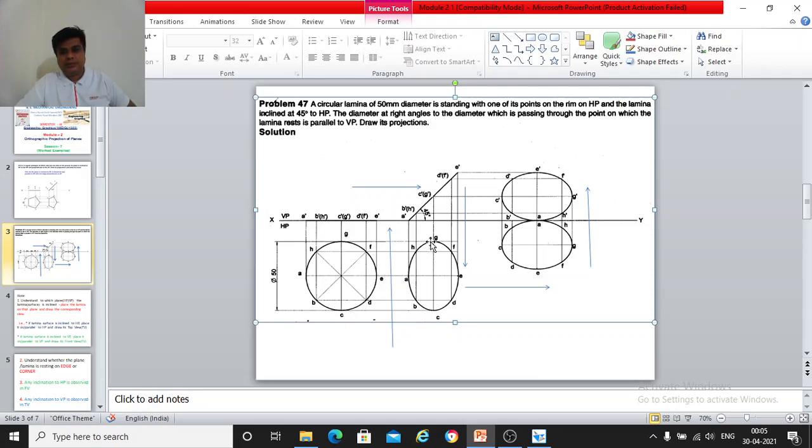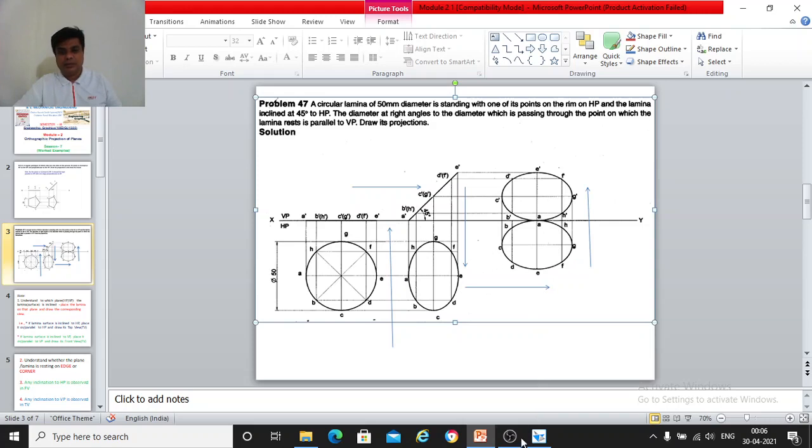So this CG you have to make it parallel to VP. So this CG is now perpendicular to VP. You have to rotate it and make it parallel to the vertical plane. So this CG, this top view, you have to rotate it and keep it here so that this diameter CG will be horizontal.